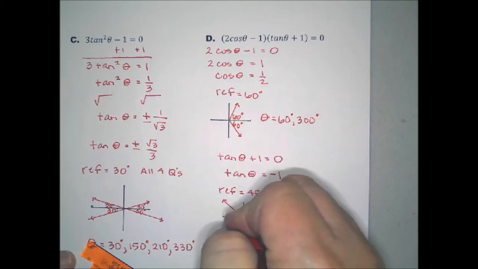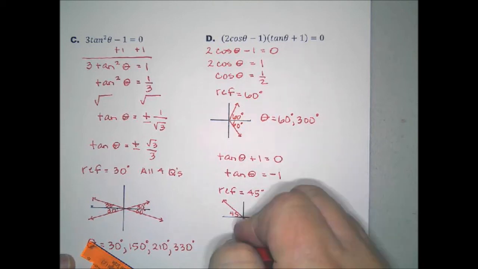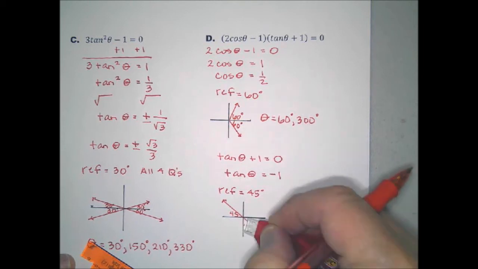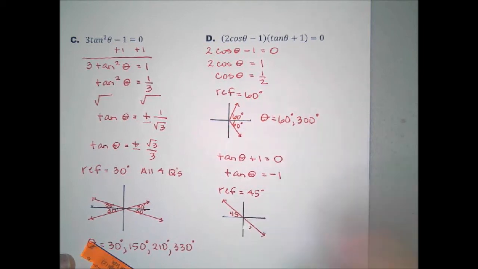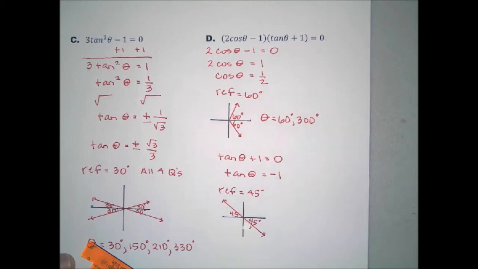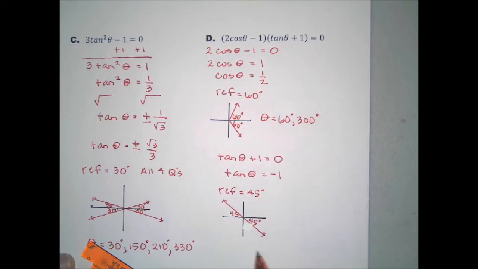So there's a 45-degree reference angle from the horizontal in quadrant 2, and here's the 45-degree reference angle from the horizontal in quadrant 4.